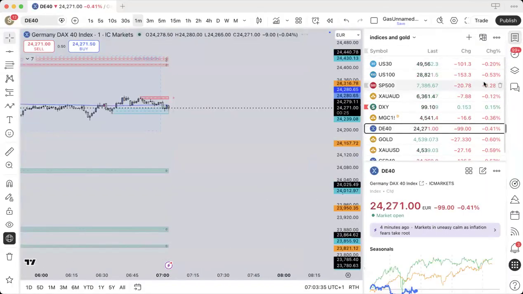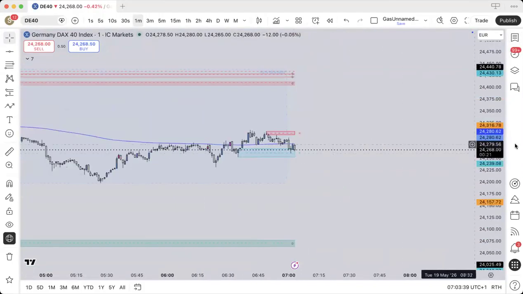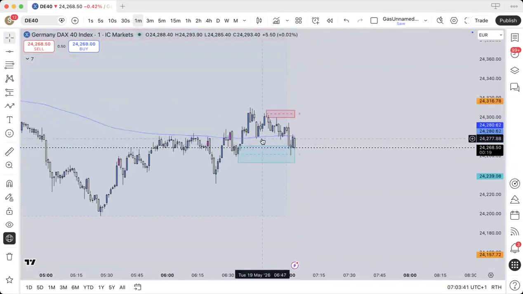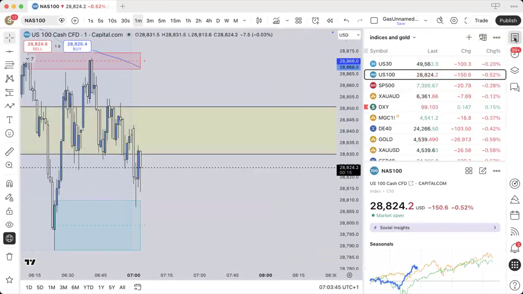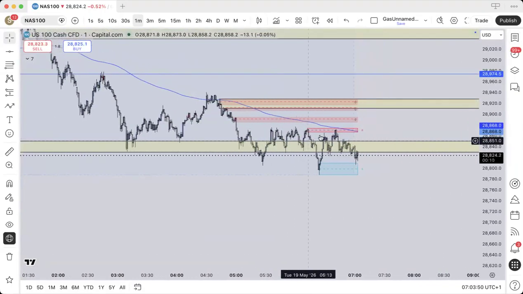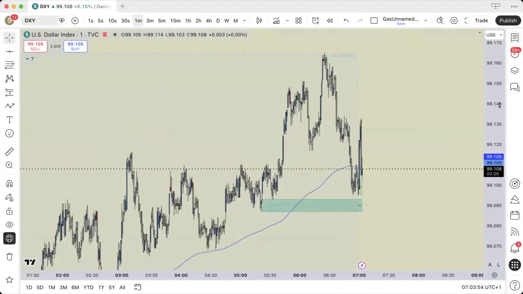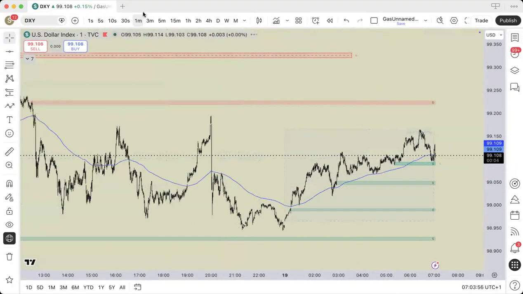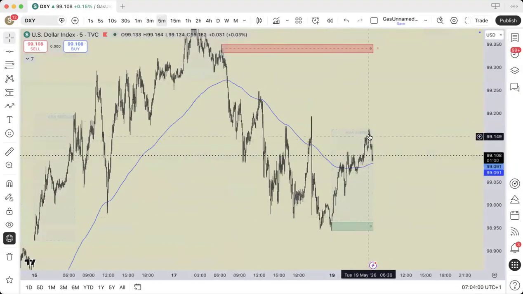So DAX again. Yeah, I think DAX is going to go sideways this morning, even with London Open. Especially after seeing how NAS is doing. It's just accumulating. Let's see what the Dixie's doing, should we? There's a little bit of movement, not a lot.